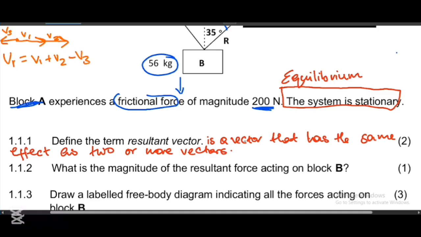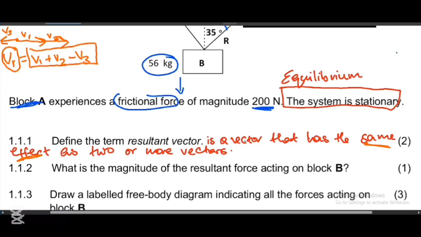So we can see that this resultant vector has the same effect as these vectors here. That's why we are saying that it's a vector that has the same effect as two or more vectors, right?